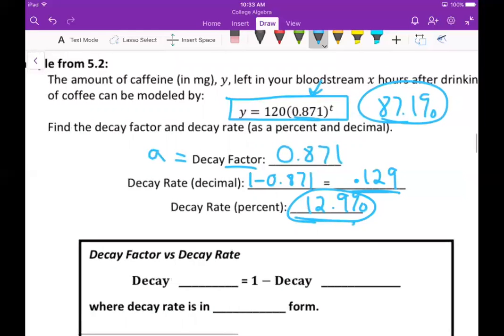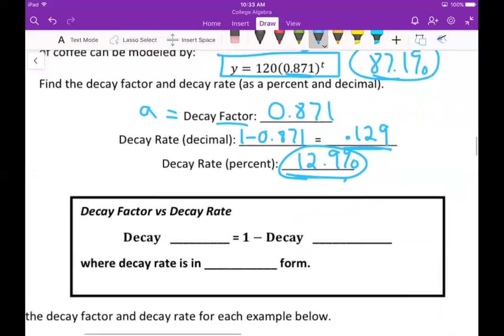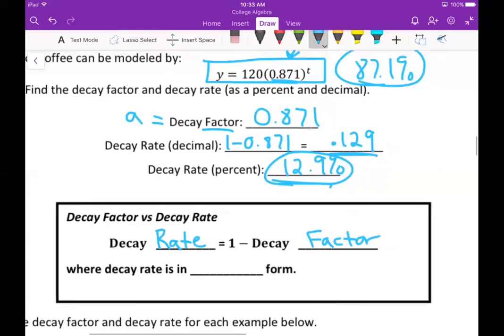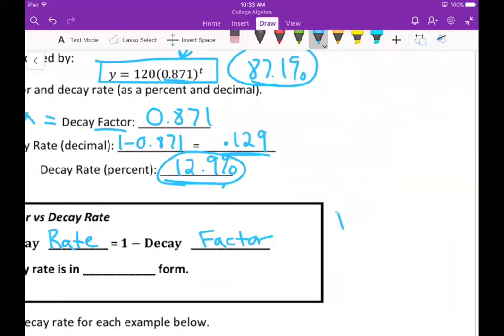Okay, so very important here, again, to get a formula to this so you always know what to do. So if you're finding your decay rate, we took 1 minus the decay factor there. And we know that this can go the other way around, right? So if decay rate equals 1 minus the decay factor, let's see if we can get an equation to also solve for decay factor. So if I want to solve this equation for decay factor, I could subtract 1 from both sides.